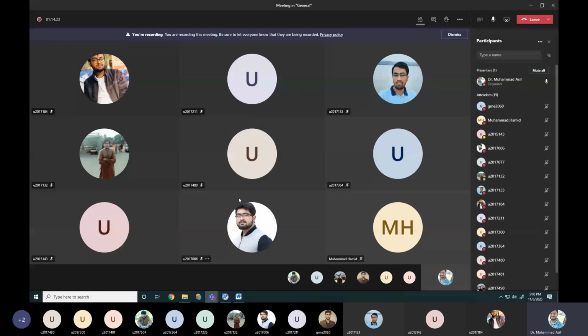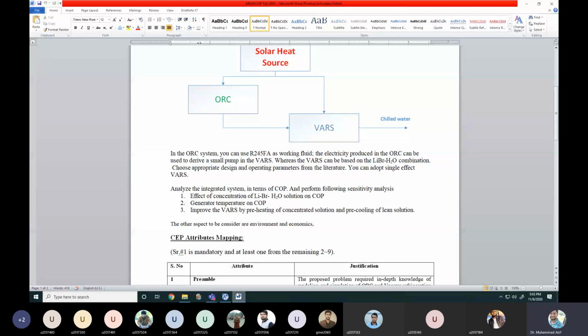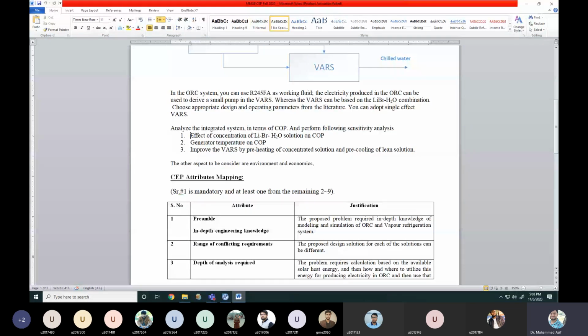So basically you have to develop the vapor absorption cycle, and then integrate the three systems. Once you integrate them, you have to analyze: what is the effect of the concentration of the lithium bromide solution on COP, if you change the concentration, how the COP is changing, and what is the effect of the generator temperature on COP.